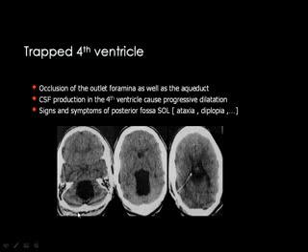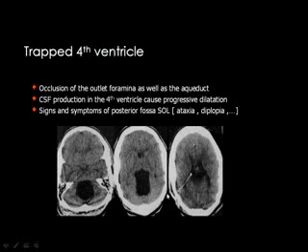Then for some reason, the outlet foramina of the fourth ventricle will also be obstructed. At that time, the lateral ventricles and the third ventricle are drained by the shunt tube, and the choroid plexus inside the fourth ventricle is still secreting CSF.